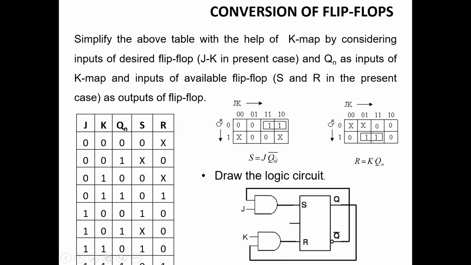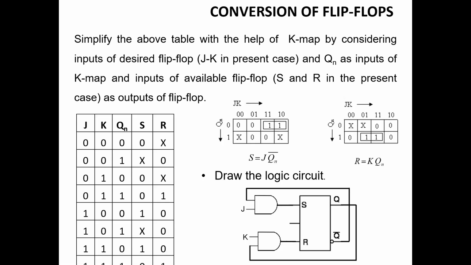Now we have an SR flip-flop which is available. Here this input is for the clock signal. Here Q is applied as one input of this AND gate. The other input is K. Here for R the input will be K Qn.